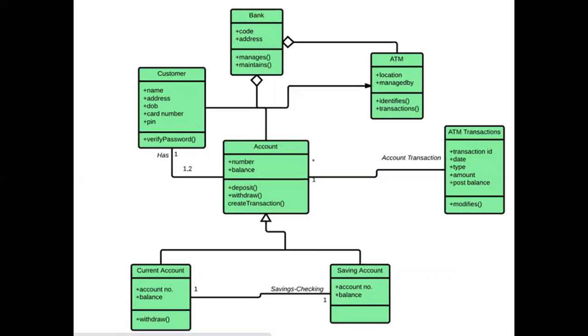First you identify the entities present in the system. Next you identify the attributes and operations of each entity. Next you identify the relations between the entities. After finding the relationships, you define the multiplicity, and the type of relationship we must mention.